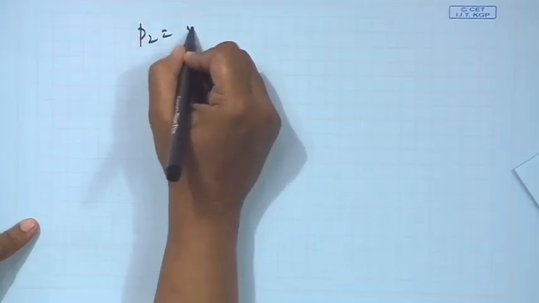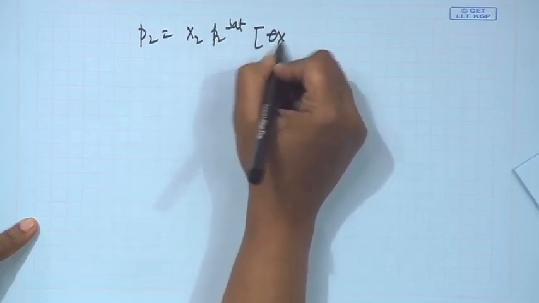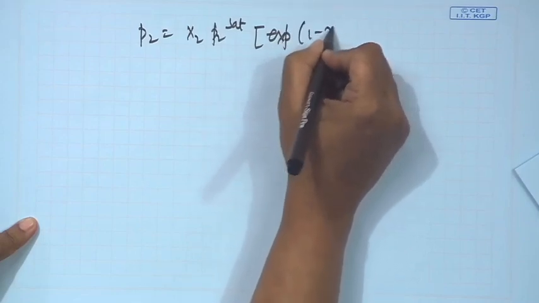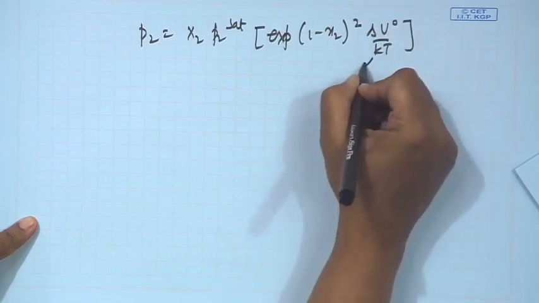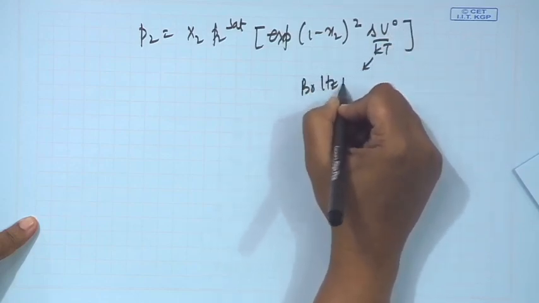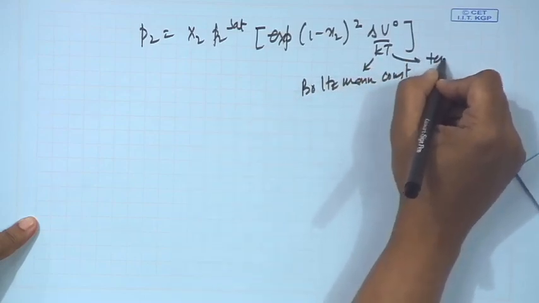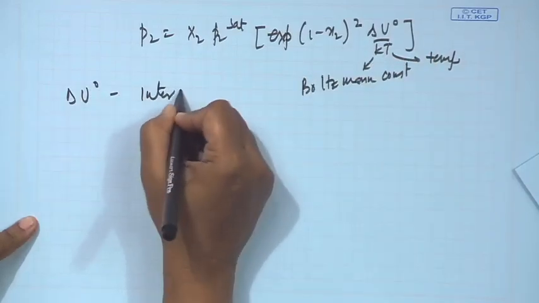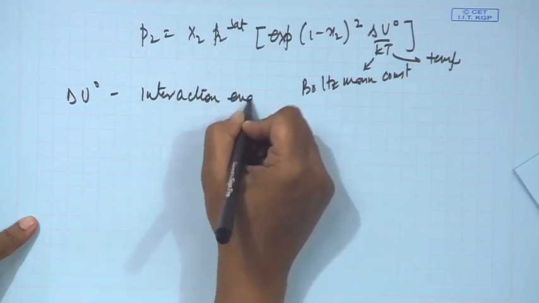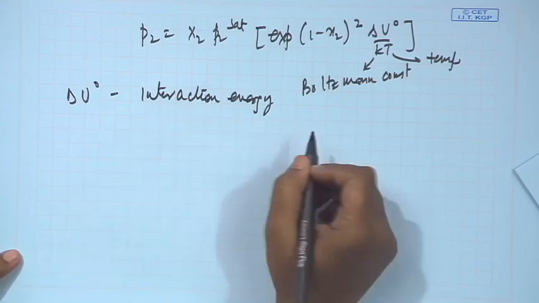So, in this particular equation, if I write the equation once more here just to define all the properties, the correction term to Raoult's law is exponential of (1 minus X2) square delta U0 by KT, where K is nothing but the Boltzmann constant, T is the temperature as we all know, and this delta U0 is the interaction energy. This takes into account the differences in nature of interaction between like and unlike molecules.